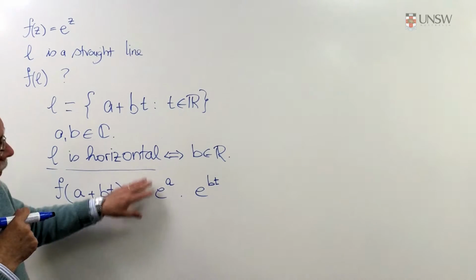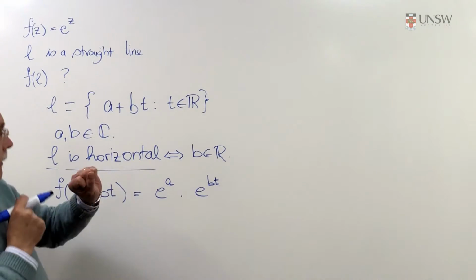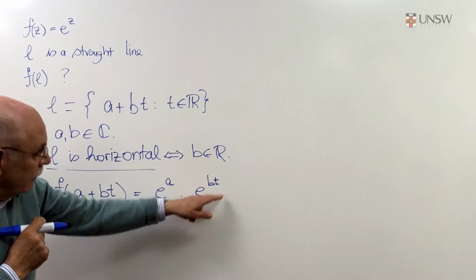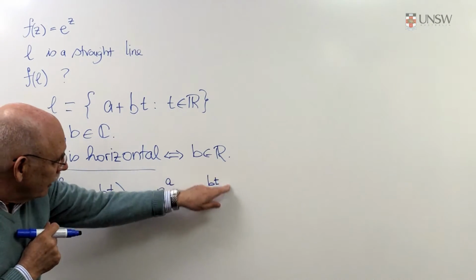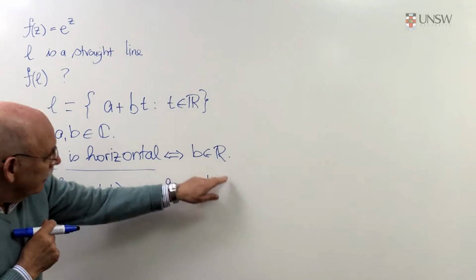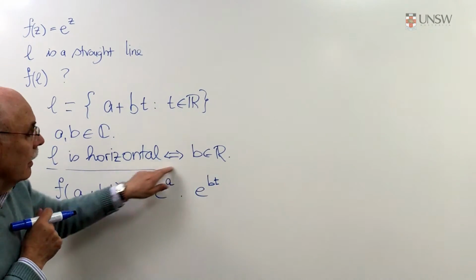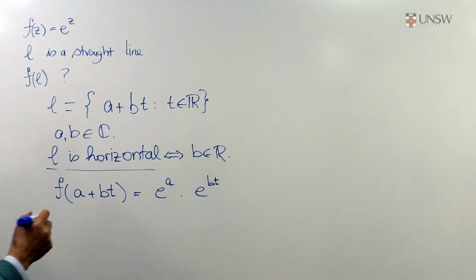This is not going to affect what happens very much. It may dilate things a little bit, it may rotate things a little bit, but if we have a straight line here, then if just this alone is giving a straight line, then this will also be a straight line, and if this is not a straight line, then this will not give a straight line. So I'm not going to worry about e to the a for a moment.